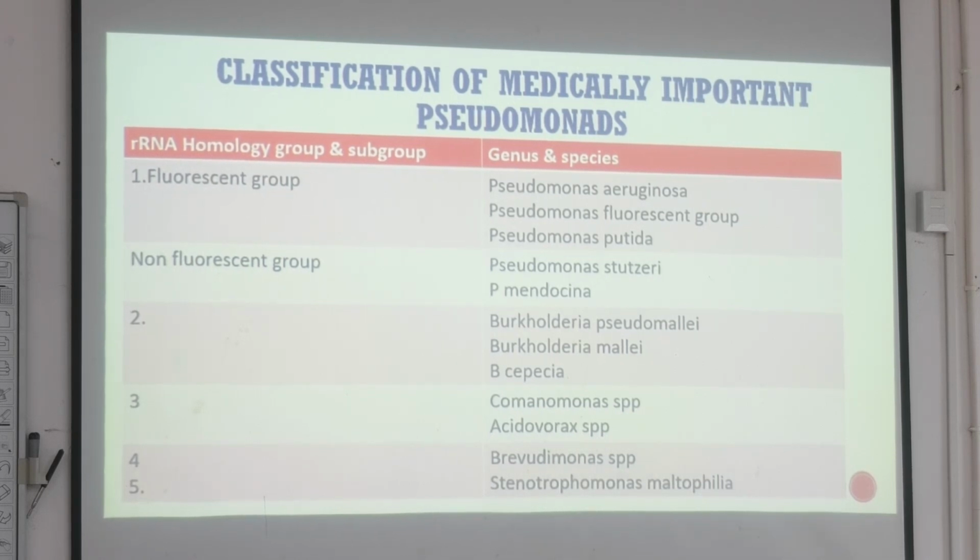Check whether there is any deposit or any material floating inside the fluid, and check the expiry date, everything. Burkholderia mallei and pseudomallei are the most important hospital acquired strains, and they are drug resistant too.